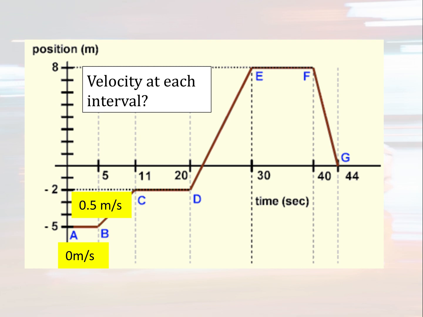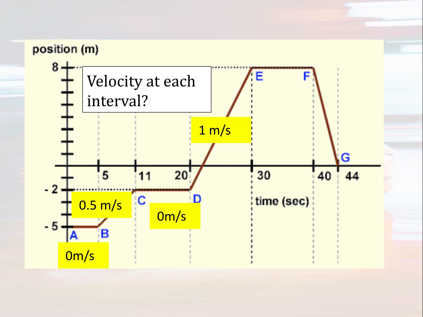From C to D, again, we have a 0 slope, so our velocity is 0 meters per second. It's easy to calculate. From D to E, we go from -2 to +8, which is a rise of 10. Our run is from 20 to 30, so that's a run of 10. So 10 divided by 10 is +1 meters per second.